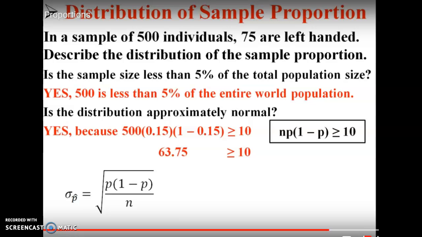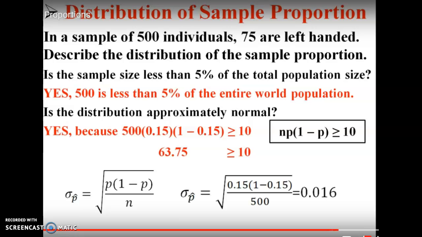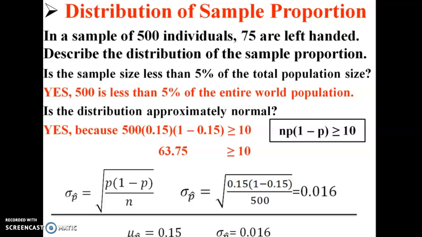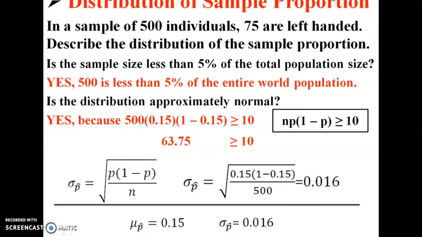There's the standard deviation for the sampling distribution. It's pretty small. It's about 0.02 if you rounded it to the second place to the right of the decimal. And if I can bring this down for you, you can see the mean was 0.15.